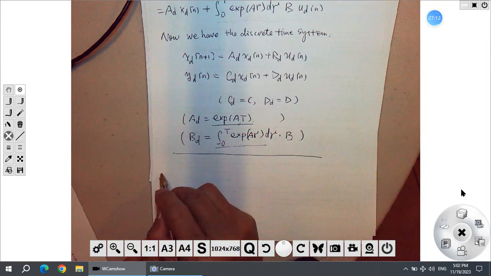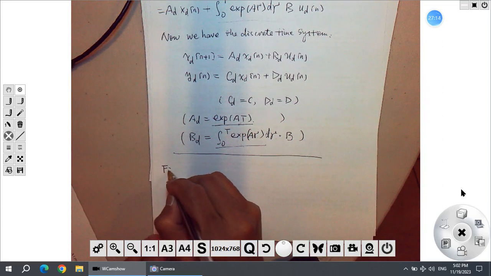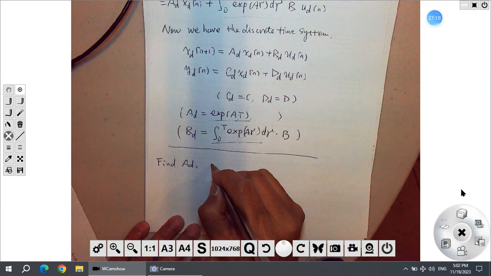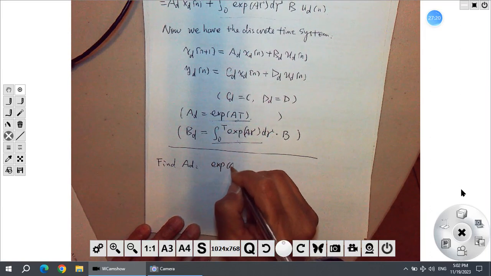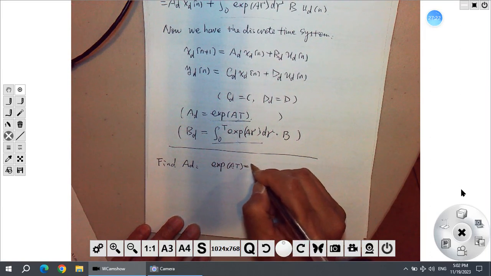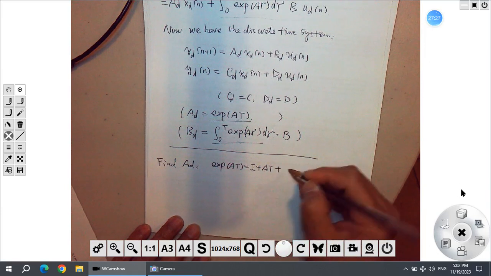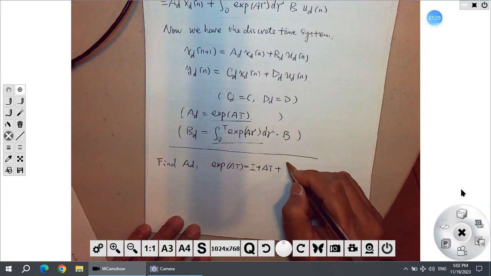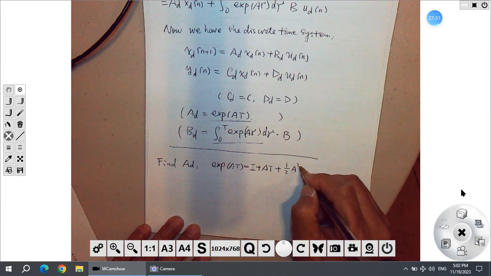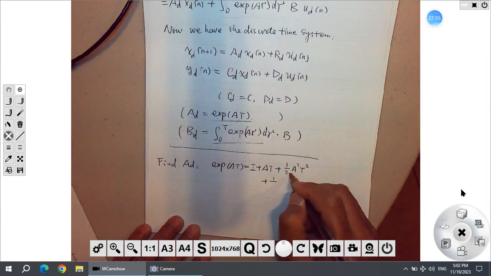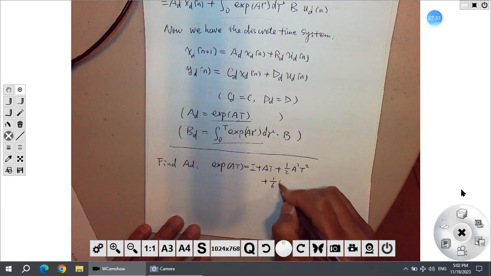So find a_d. It is exponential power of a t. That will be I plus a t plus, by the Taylor formula, 1 over 2 a squared t squared plus 1 over 2 times 3, that will be 6, a cubed t cubed.